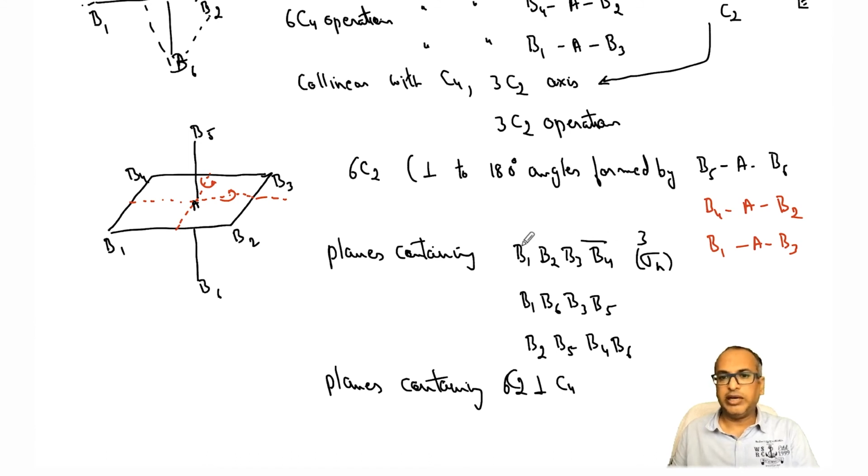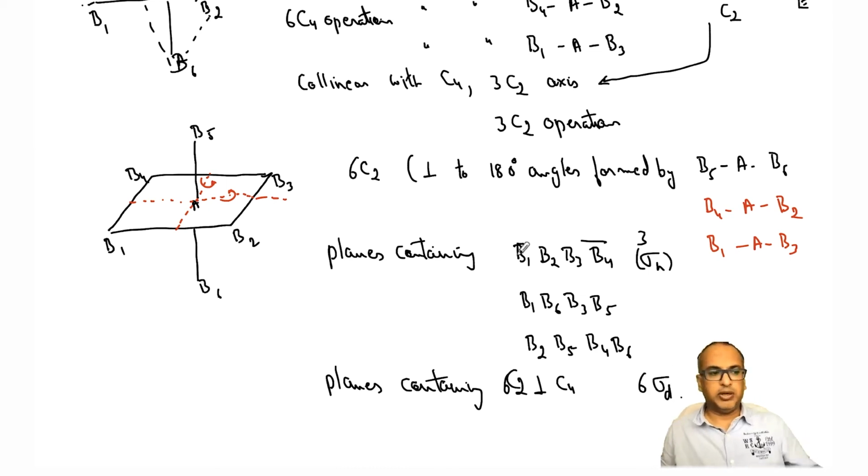So this particular plane can be divided in two ways. One way is marked in red over here and another way is marked in red over here. Similarly, these 4 planes can also be divided in two possible ways each. So there will be 6 such planes, which are called 6 sigma Ds.